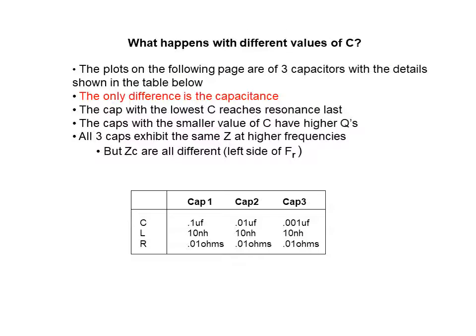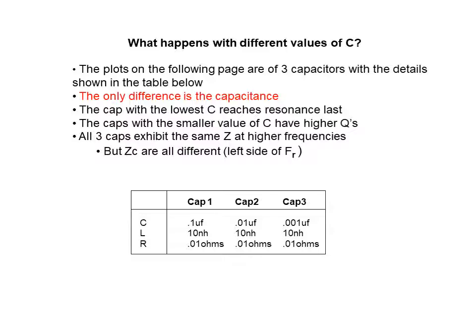So what happens with different values of C? The second case again has three capacitors. The capacitance values are different: you've chosen 0.1, 0.01 and 0.001 microfarad, where inductance and resistance are the same, 10 nanohenry and 0.01 ohms.